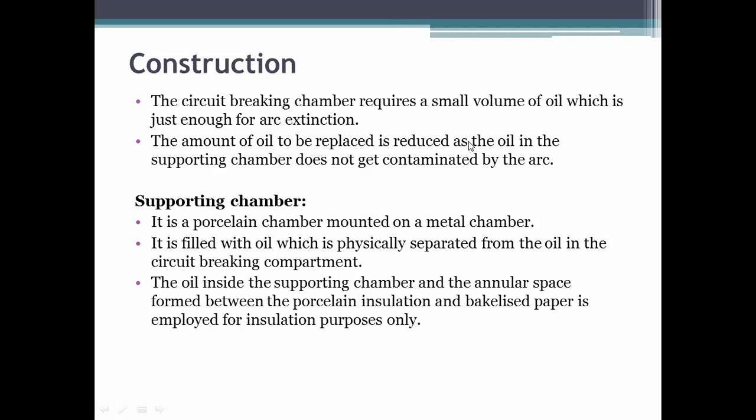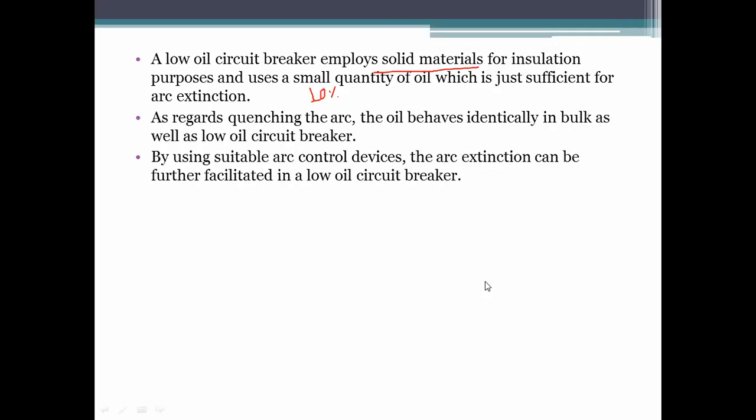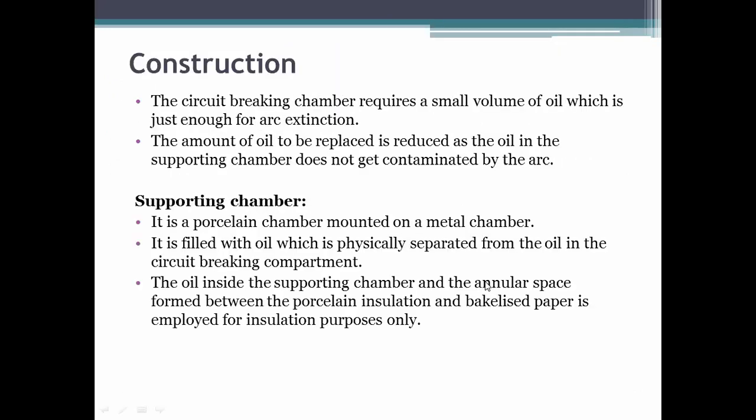Then supporting chamber is there. Upper part is the circuit breaking chamber and lower one is the supporting chamber. You can see here, this upper part is circuit breaking chamber and this lower part is the supporting chamber. So this supporting chamber is a porcelain chamber mounted on a metal chamber, and it is filled with oil which is physically separated from the oil in the circuit breaking compartment.